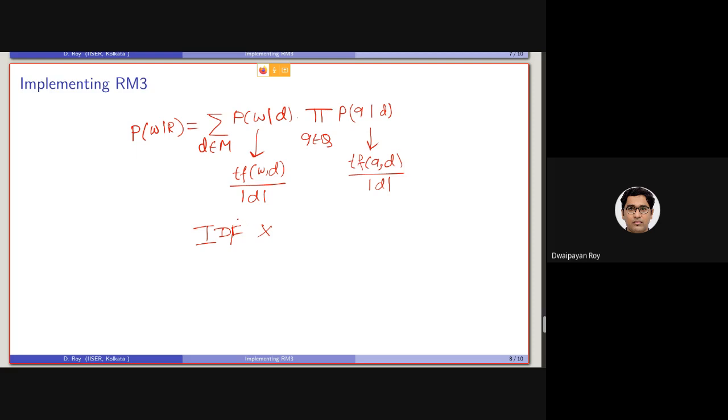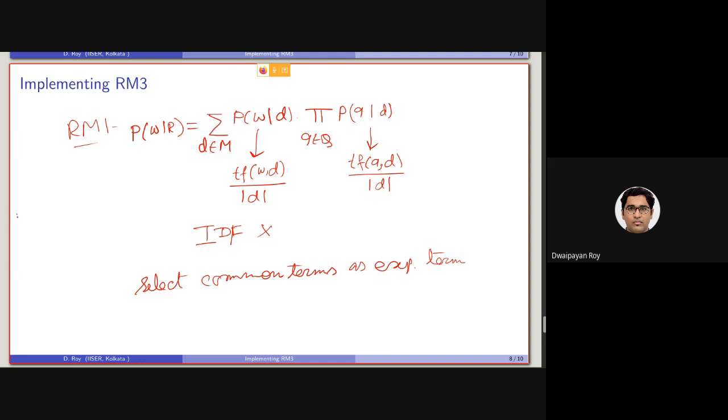So that is the reason RM3 and also RM1 select common terms as the expansion terms. This is a drawback of the RM3 model or RM1 model. This is RM1.